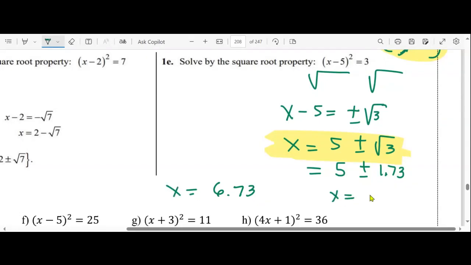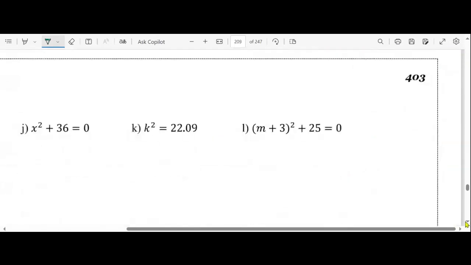How much? 3.27. Yes. So you see here we have two solutions, right? Clear? Next.